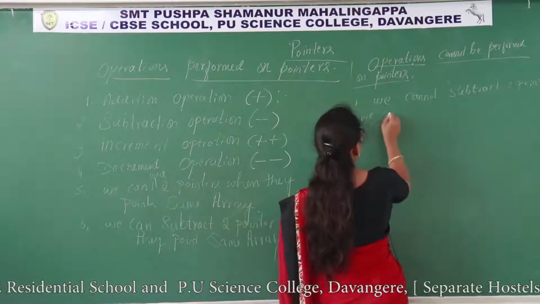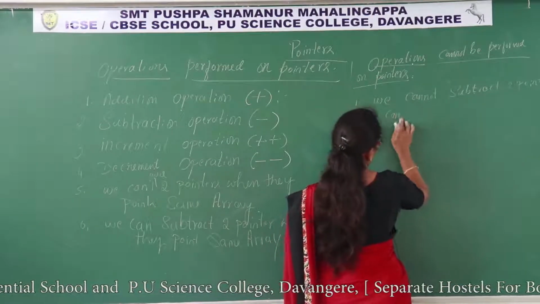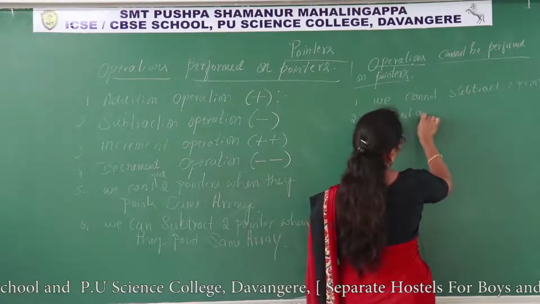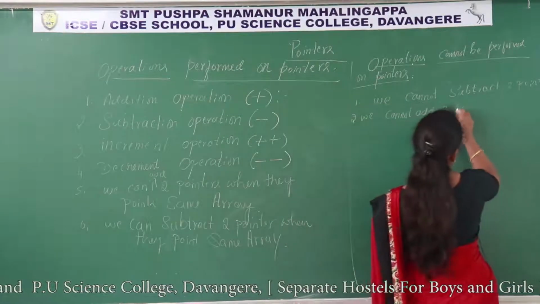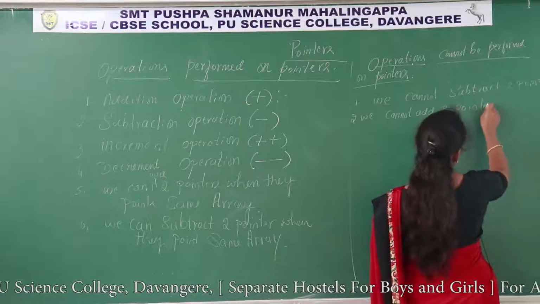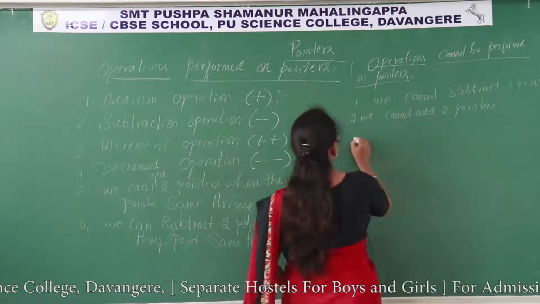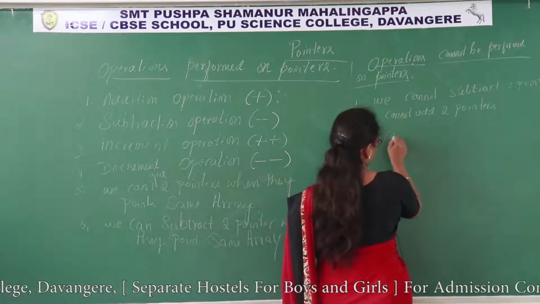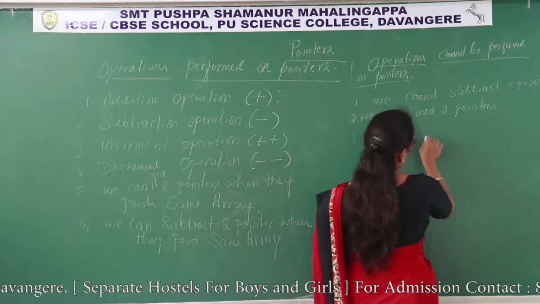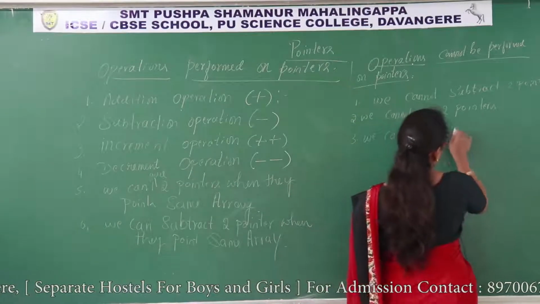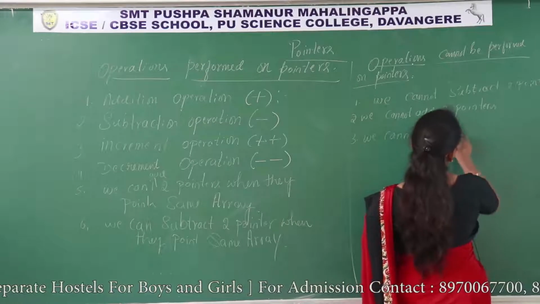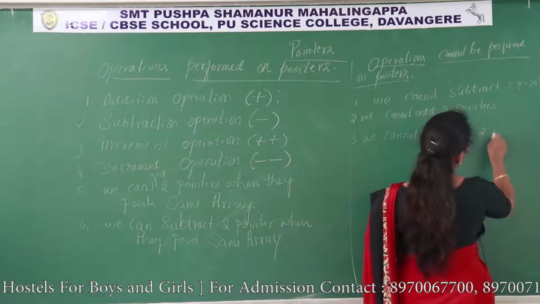We cannot add 2 pointers. We cannot multiply 2 pointers.